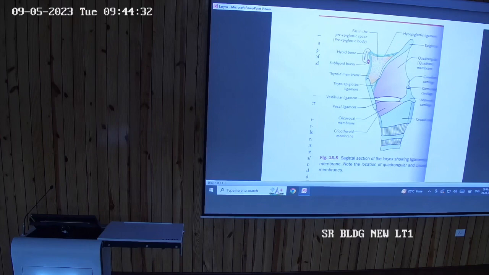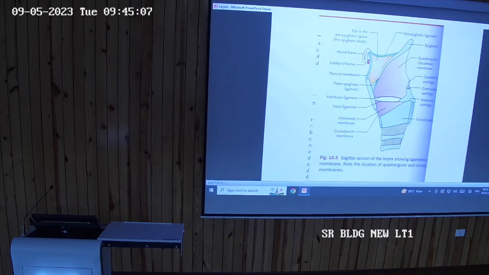The upper end of this cricovocal membrane is free, and this free upper end forms the vocal ligaments. Vocal ligaments are also covered by mucous membrane, forming the vocal fold. The vocal folds are the important structures producing the sound. The movement of the vocal folds is very important. They are forming the sound.